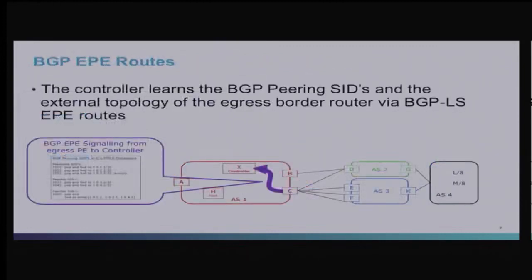Once the local label allocation is done, C exports the external topology it has to its peers, together with the related labels, to the controller. And this is a simple, straightforward BGP-LS extension. Why? Because we want to distribute the external topology together with the labels that are associated and the hierarchical dependency between the peer adjacency and the peer node segments.